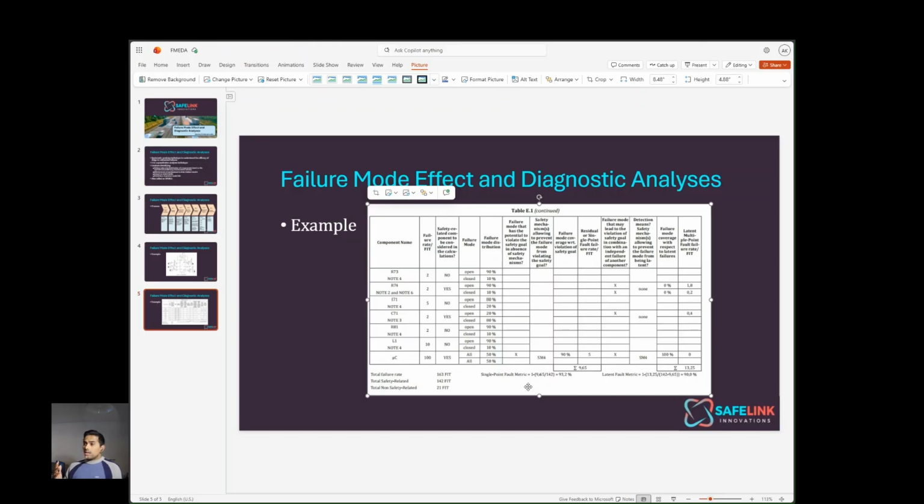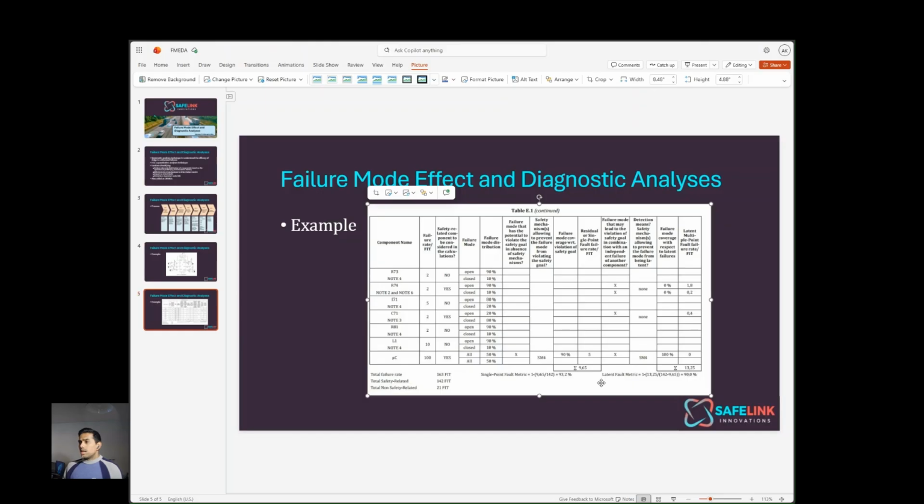The higher this metric, the better. A 99% SPFM means 99 out of 100 failures are either not safety relevant or they're detected by a safety mechanism, and it's just the 1% that will go undetected.